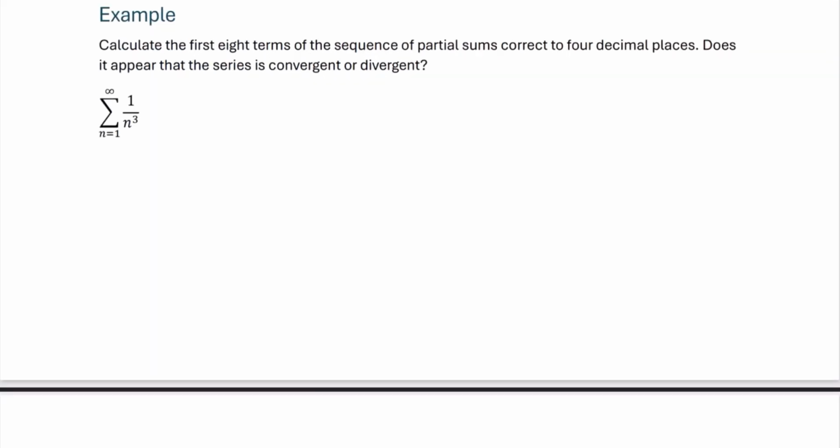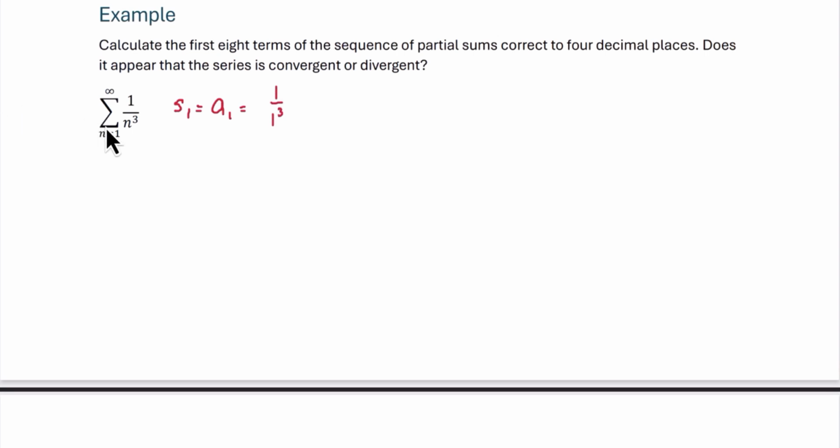In this example, we want to calculate the first 8 terms of the sequence of partial sums correct to 4 decimal places. And we'll also determine whether or not we think it's going to be convergent or divergent. We'll start with S1. S1 is simply the first term in the sequence. That is 1 divided by 1 cubed.